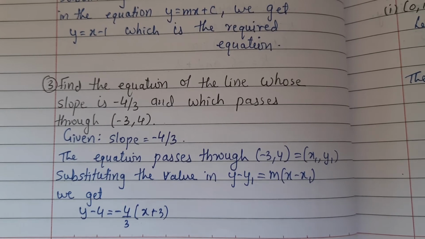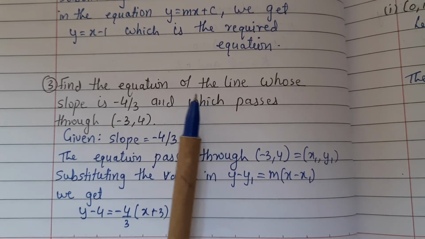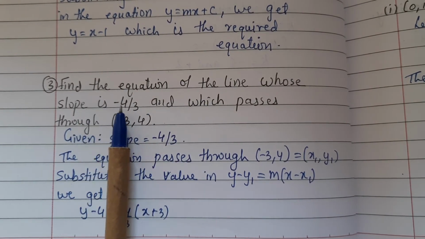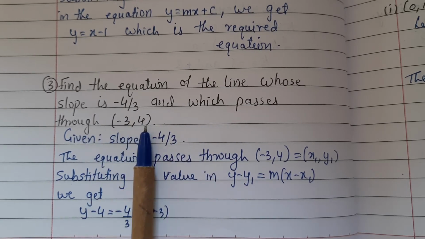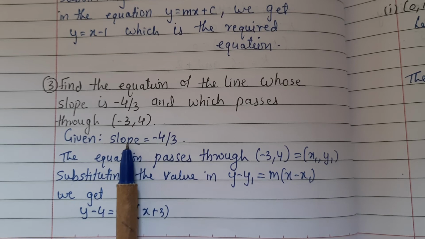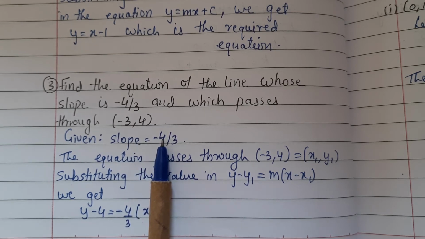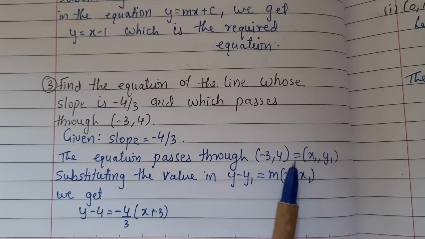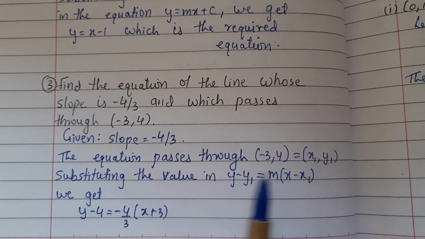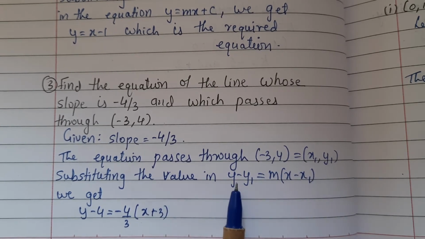Sum number 3. Find the equation of the line whose slope is minus 4 upon 3 and which passes through (minus 3, 4). Slope is minus 4 upon 3. The line passes through the point (minus 3, 4) equal to (x1, y1). Substitute the values in the equation y minus y1 equal to m into x minus x1.